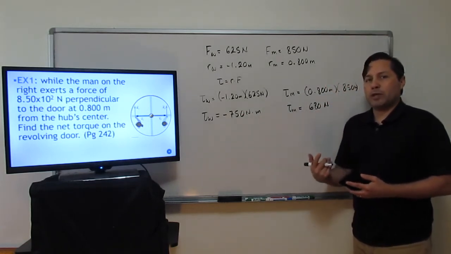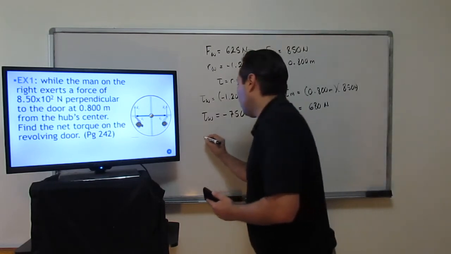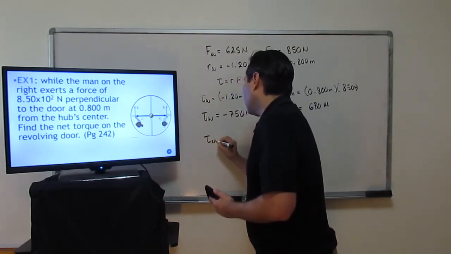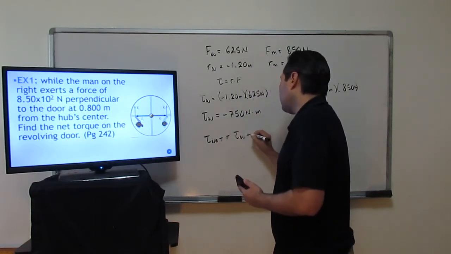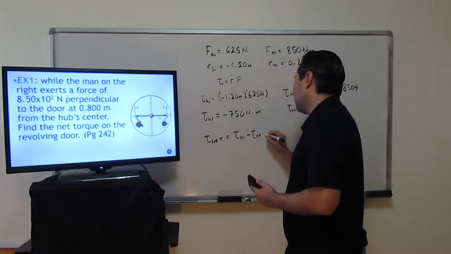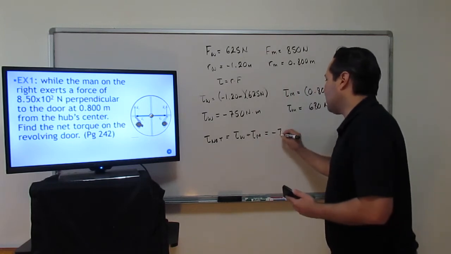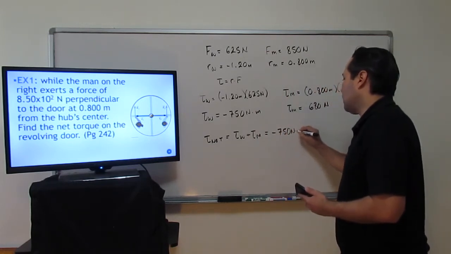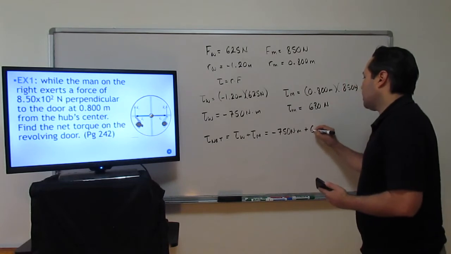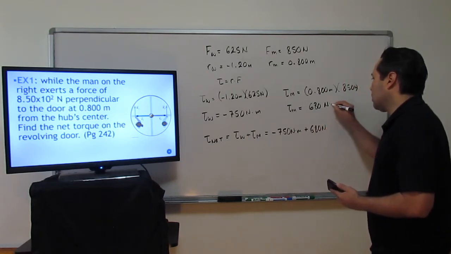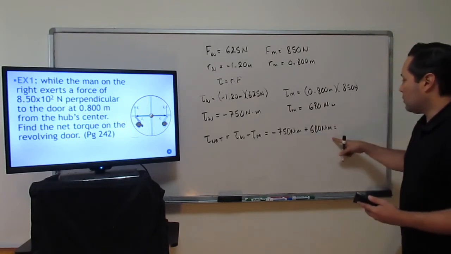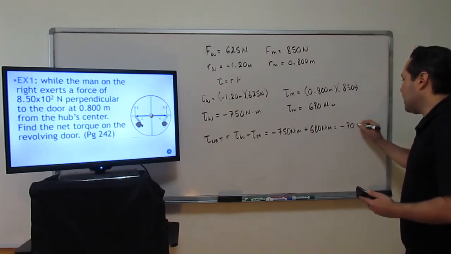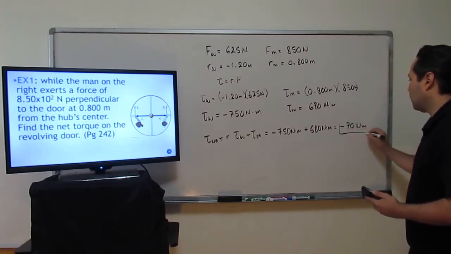We're going to put them together to get the net torque. The net torque is really just the torque of the woman plus the torque of the man put together. So for the woman it was negative 750 newton meters plus 680 newton meters for the man. That gives us negative 70, and that is the net torque.